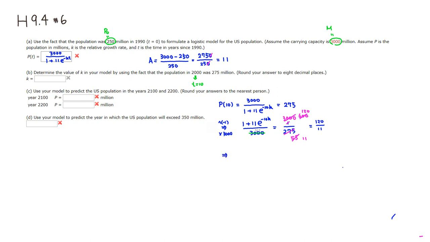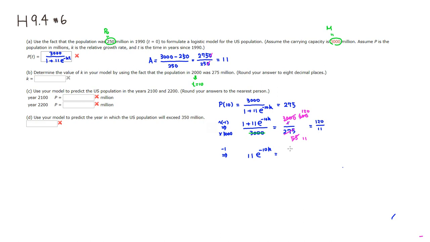So I'm going to get rid of the 1 here, subtract 1. So it's going to be 11 e to the negative 10k is equal to 109 over 11, since we subtract 11 over 11.